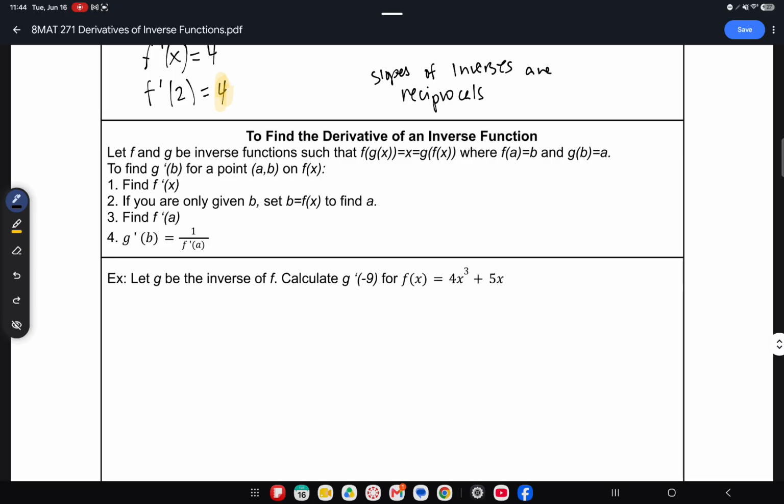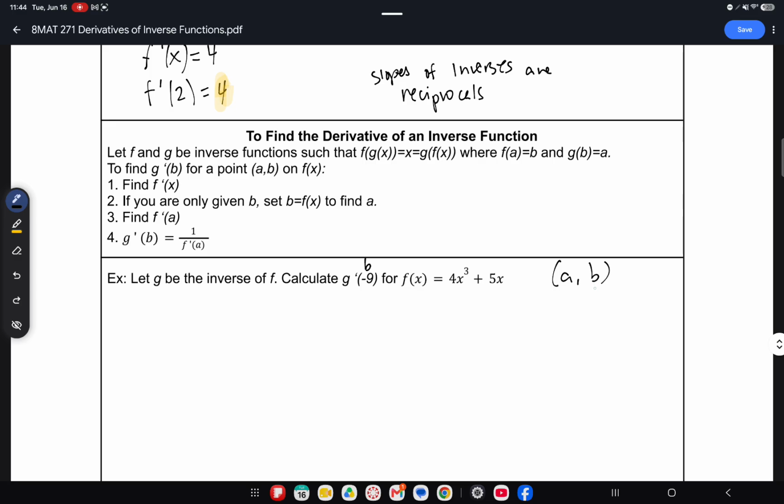So let's do another example here. Let g be the inverse of f. Calculate the derivative of the inverse at -9 for the function 4x cubed plus 5x. We're only given that b value. I want the point (a, b).